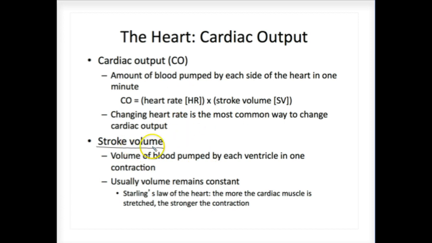In other words, what's going to affect the stroke volume is literally the amount of blood that's in the heart. What we care about here is what's known as venous return. The amount of blood that is returned to the heart by venous return is impacted by muscular contractions. In other words, muscle contraction is what helps to push blood up through the venous system and back into the right atrium of the heart.